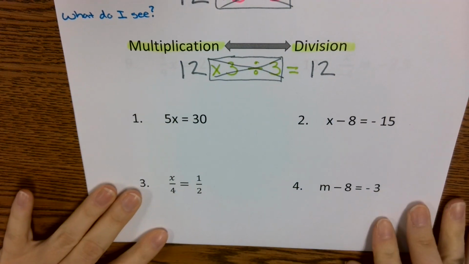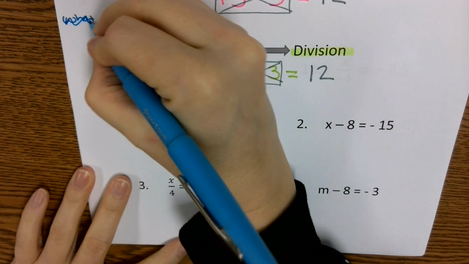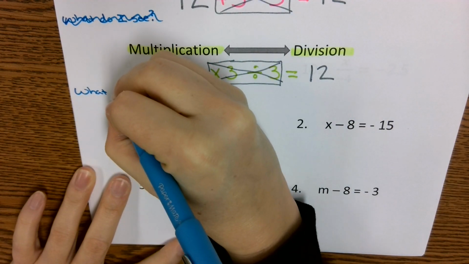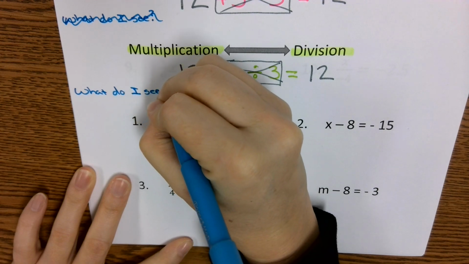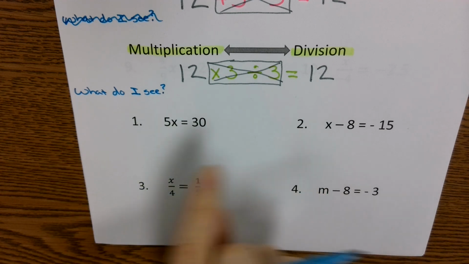Meaning, what operation do I currently see occurring right now? What do I see as the operation? Do I see addition? Do I see subtraction? Do I see multiplication? Do I see division? I want to note what operations I'm physically seeing in the problem.